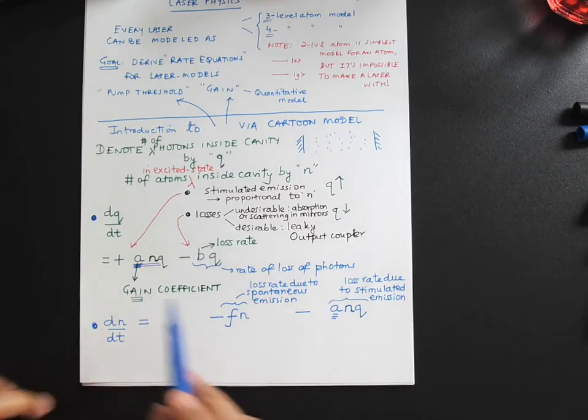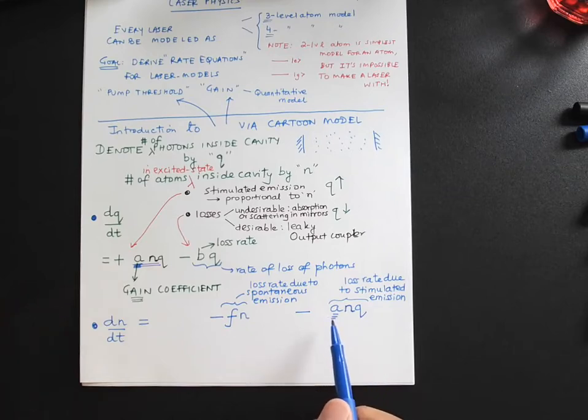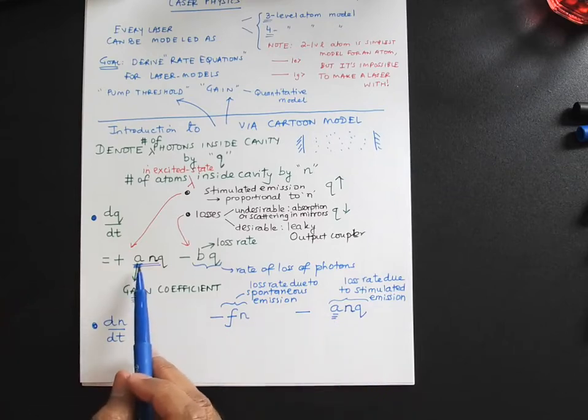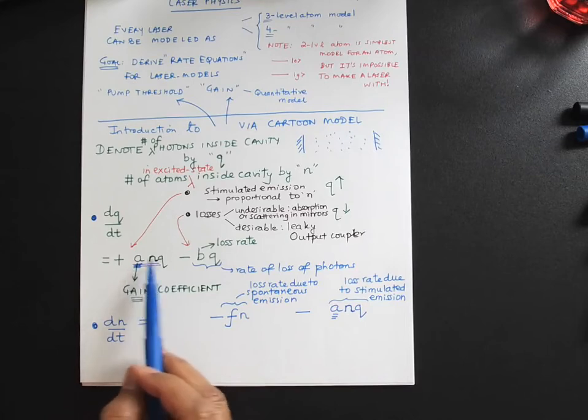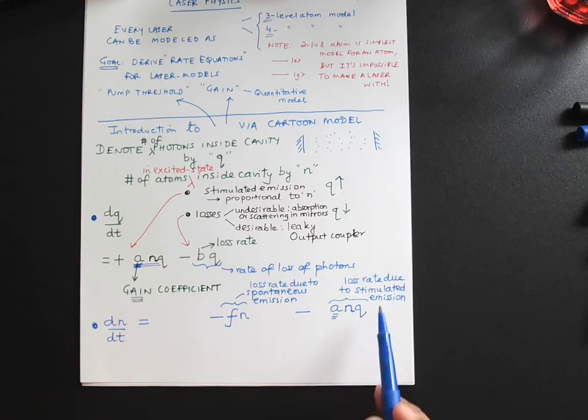That's just saying that the absorption rate of photons for stimulated emission is the same as the loss rate due to the stimulated emission. So absorption up and then emission down due to stimulated emission, those are the same rates.